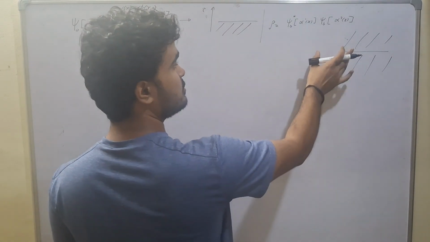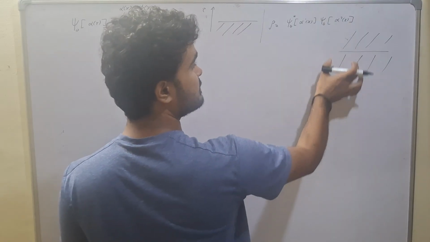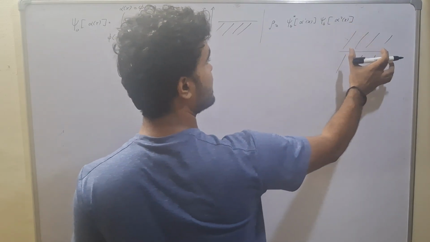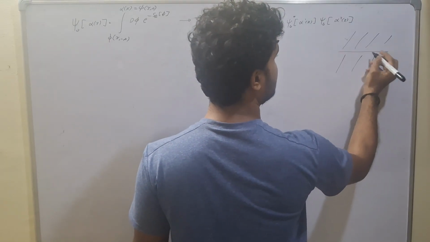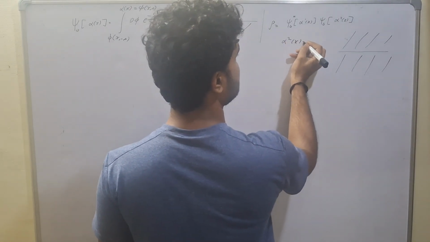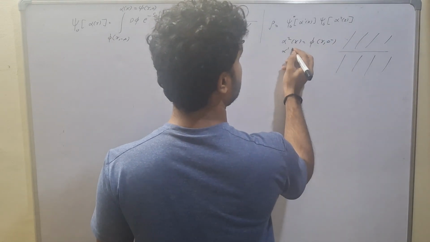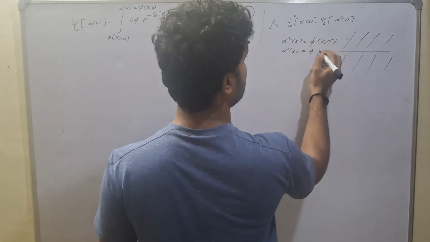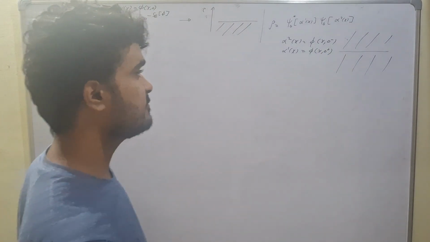From minus infinity to 0, this region will give you this function, and 0 to infinity will give you this function. So alpha 2 of x is phi of x comma 0 minus, and alpha 1 of x is phi of x comma 0 plus, right?